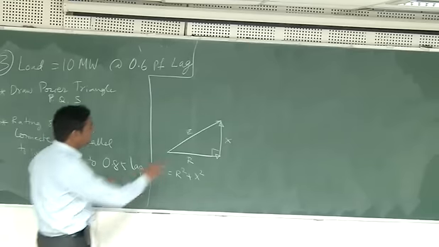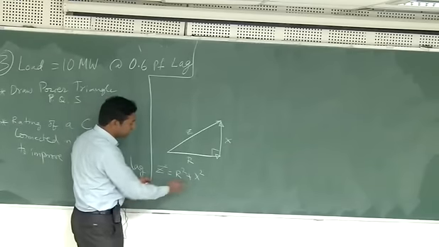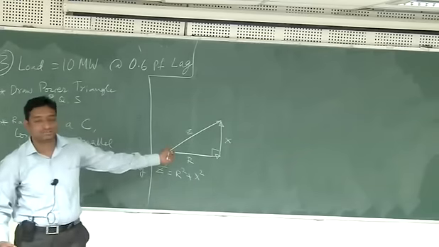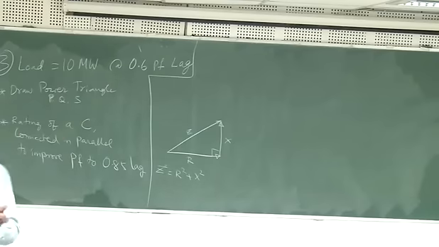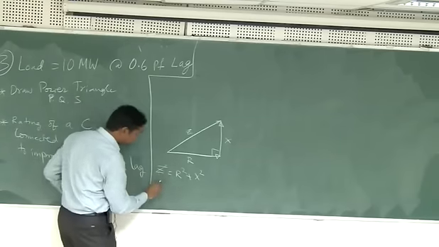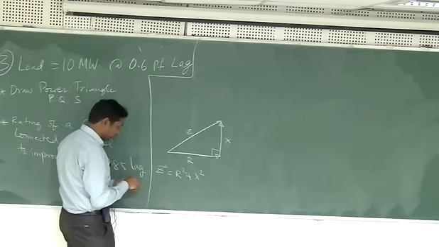Why we draw this triangle is that instead of writing the formula, if I draw it in the shape of a triangle, then it is easy to understand and get the correct formula. This is called the impedance triangle.